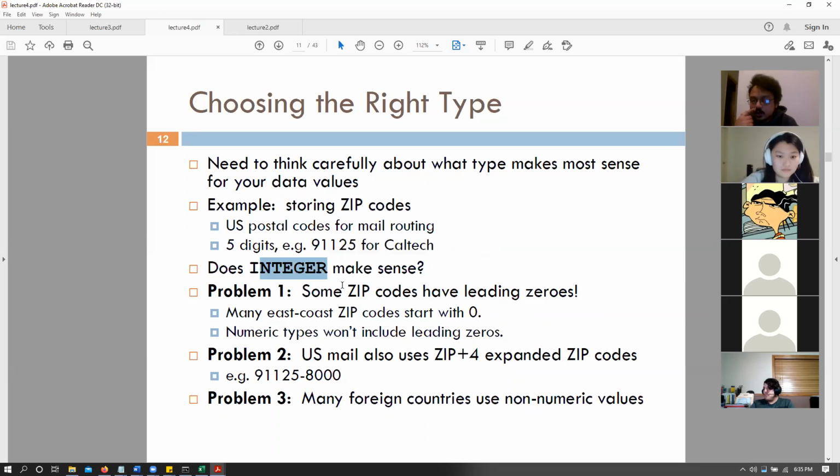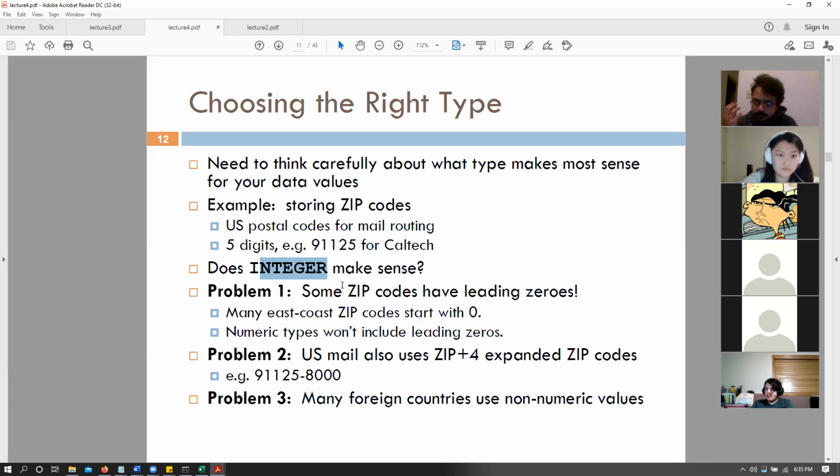The second scenario could be that if you want to design a database that works internationally, certain countries do not use numeric zip codes. So for example, I know that the United Kingdom does not use all numbers for their zip codes. Some of them use alphanumeric characters. I also know that Australia uses four digits as their zip code.